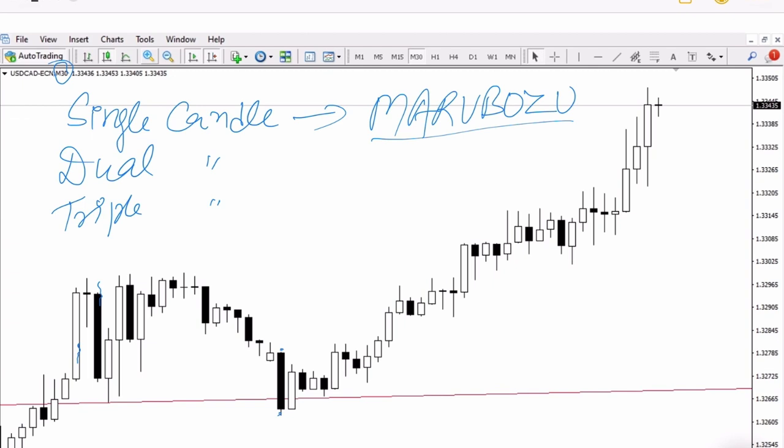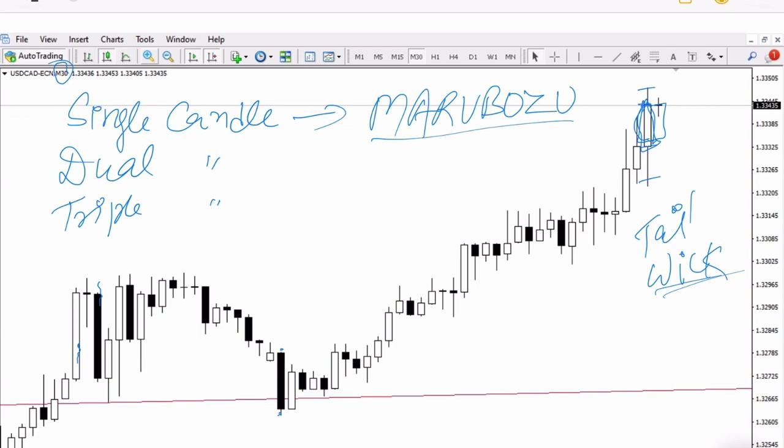For example, if you go in the upper right side and look at this candle, this part is called tail or wick, and this part is called main body. I will call it wick. So if wicks are negligible in size, or if there is no wick in the candle, it is Marubozu.